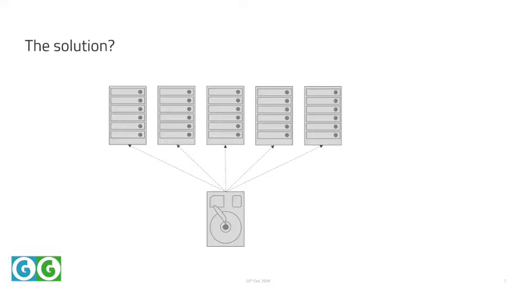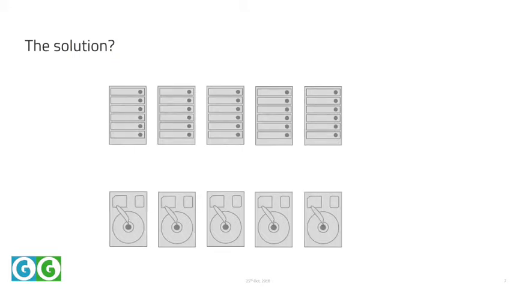And so the solution is the following, and this is the base architecture of Hadoop, in fact. Since it takes a long time to read data from a single drive, how about we reduce this time by spreading the file? Imagine I have a 1 terabyte file. By spreading it across 100 drives, and then reading the data from these drives simultaneously, we can cut the read time incredibly.